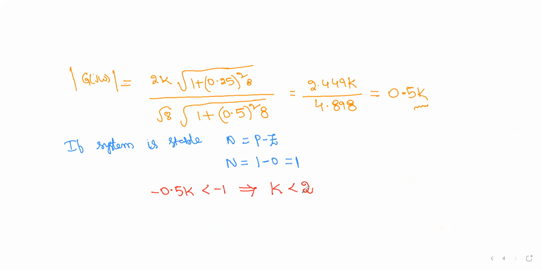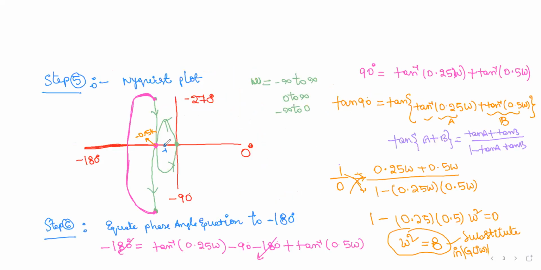K is less than 2. So when K is less than 2, then the system is stable. Then only it satisfies this stability condition, N equal to P minus Z. So other than those values, the system is unstable. Means this minus 1 is not encircled.